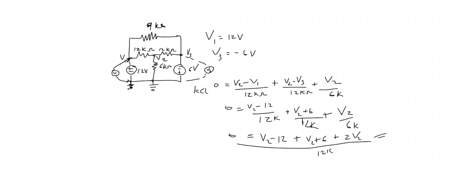Minus 6. Okay, over 12. Well, you don't need to put it over 12, because everything is divided through by 12K here already. So there's no need to do anything else with the 12.